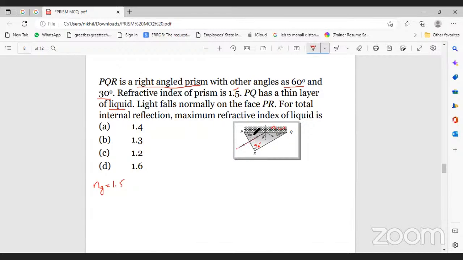It is incident normally, which means what is I1? 0. R1 is 0. Now it is incident on the other face. Here the total internal reflection is taking place, no? TIR is taking place, right?